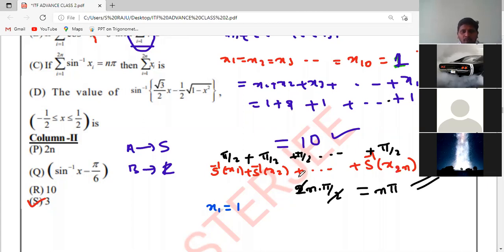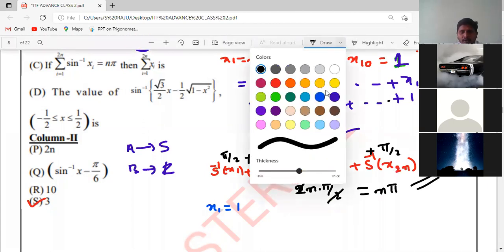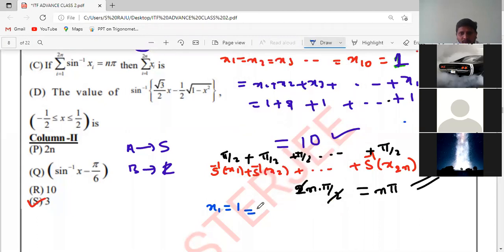So x1 is equal to 1, x2 is equal to 1, x3 is equal to 1, and so on. x2n is equal to 1 is satisfying the given condition. So now what is the value we need to find?